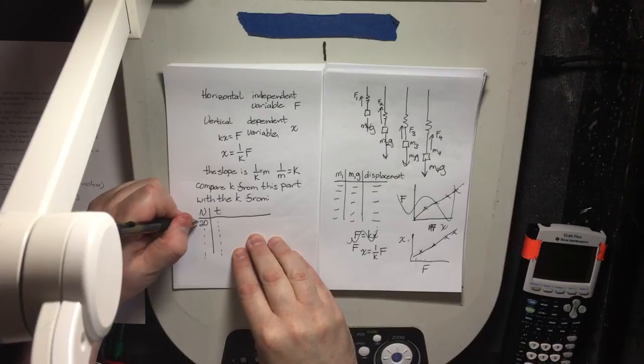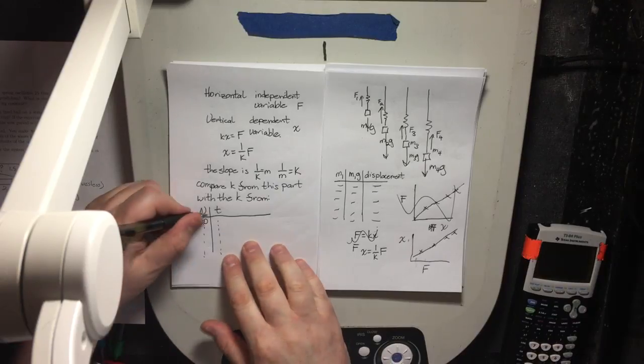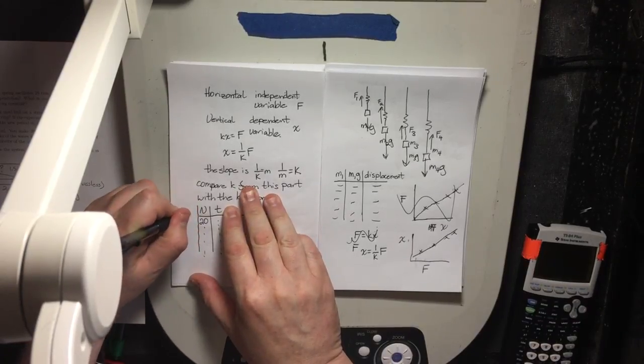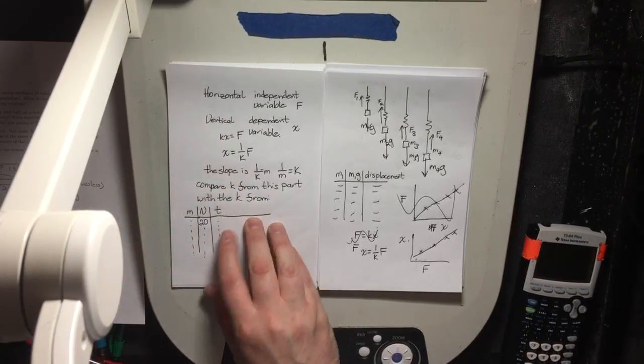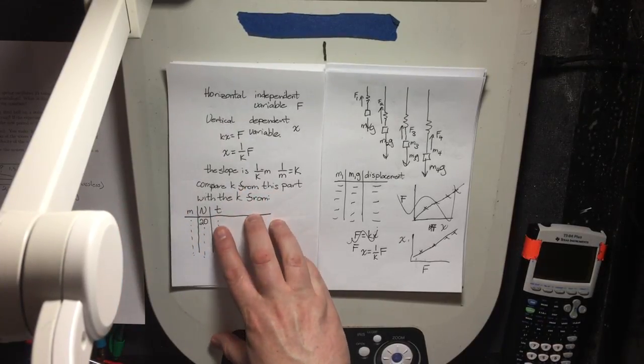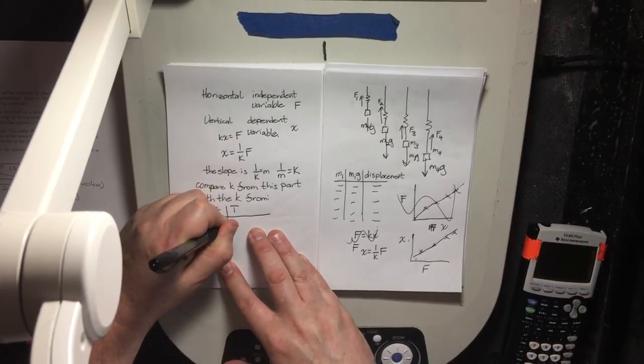And what ends up happening is you can adjust the mass, do all sorts of things. But, oh, you are going to adjust the mass. So you're adjusting the mass, you're letting it bob 20 times, you're recording the time that it takes to do this. You get the period.